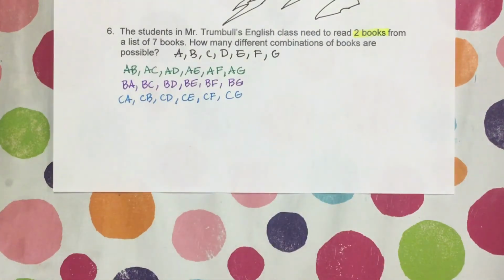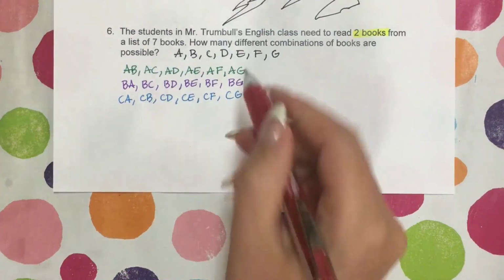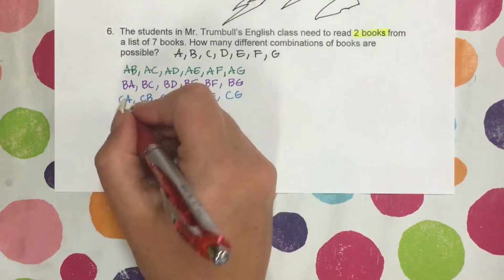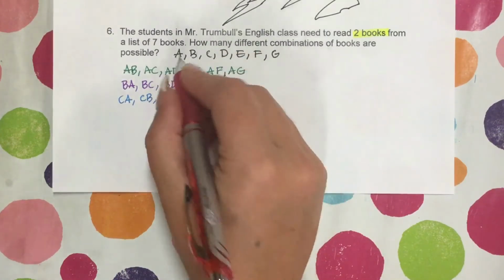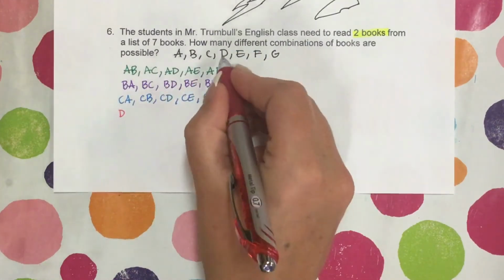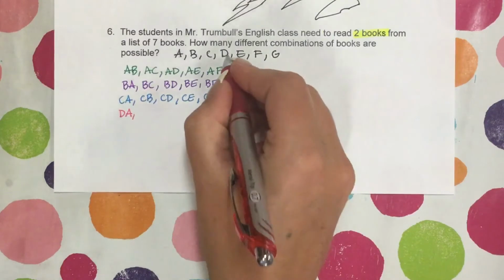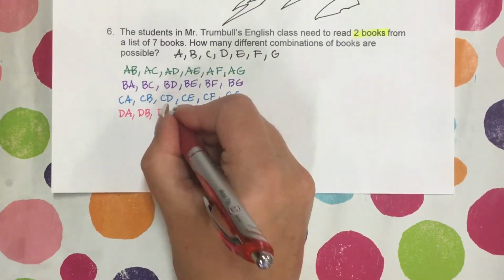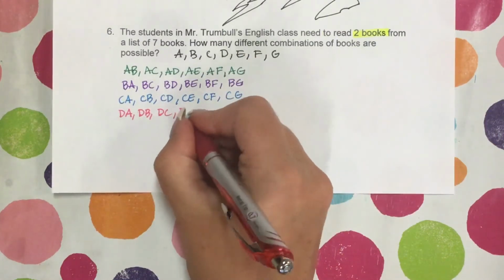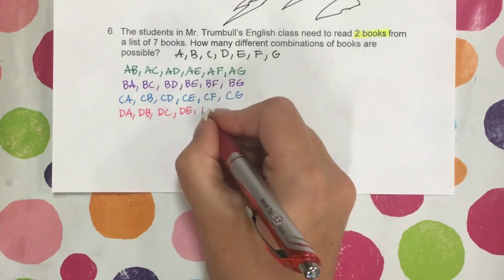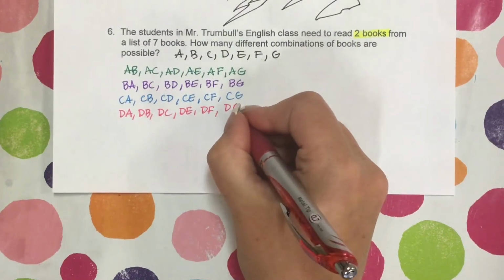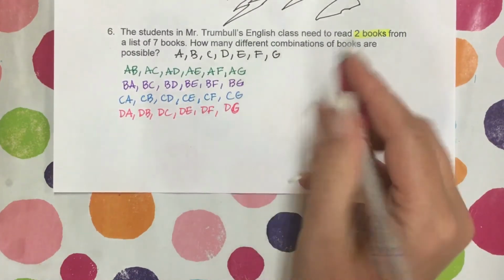Okay, and now let's go ahead and read book D. Now we're going to read lovely book D. We're going to write all the possibilities for D. So DA, DB, DC, DE, DF, and DG. Okay.